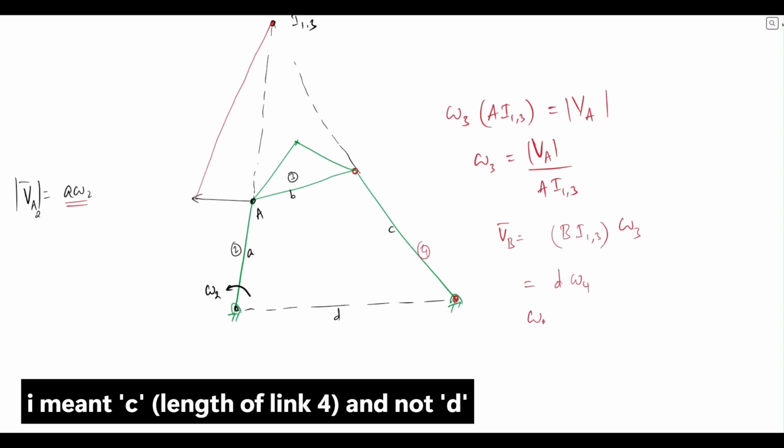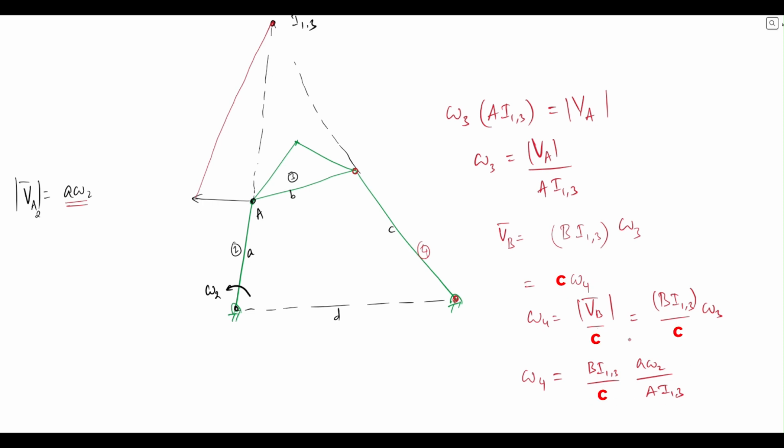And so we can directly obtain omega 4 equals VB divided by D, which is equal to B I13 divided by D times omega 3, which I can then write as B I13 divided by D times A omega 2 divided by A I13. So you see, based on the simple position analysis, we have now got distances from the instant centers to these points A and B, which we can find from the positions, and we just have to do this calculation to obtain omega 4 and this calculation to obtain omega 3.